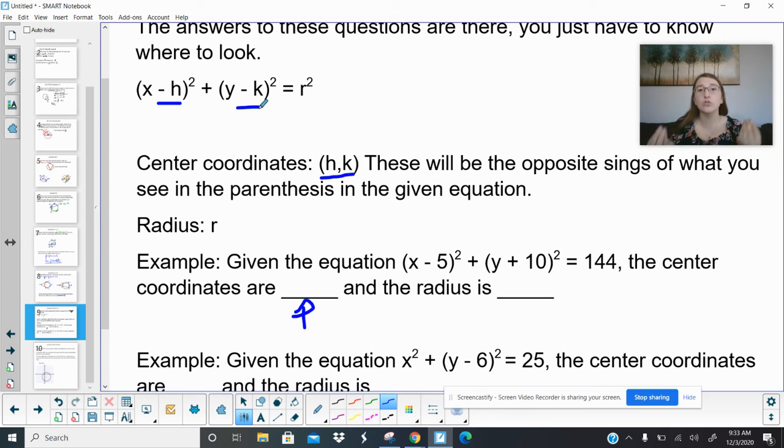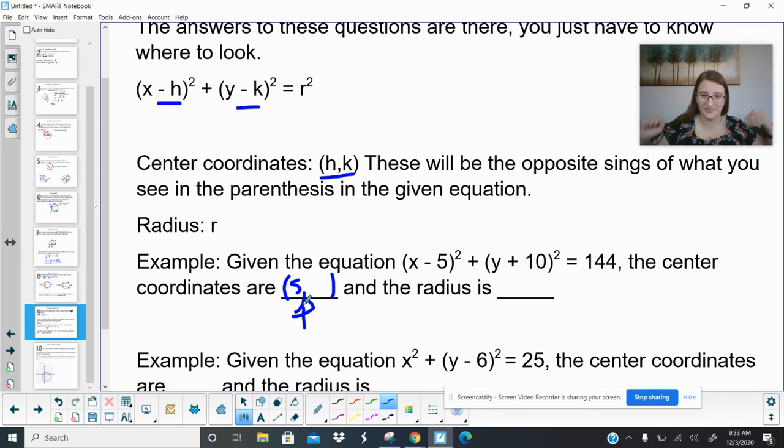All you had to do was change the signs. Your answer for the center coordinates is going to be the opposite signs of what you see here. So if I see x minus 5, that means my first number is the opposite of minus 5. It's a positive 5. There's my answer.